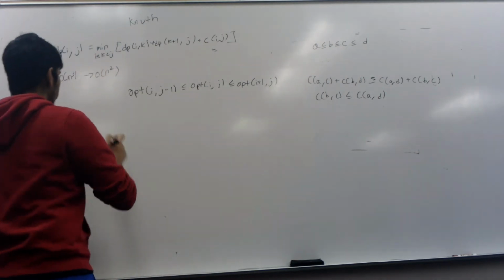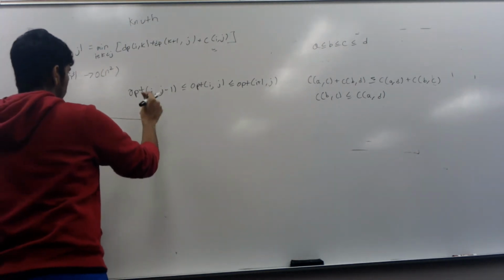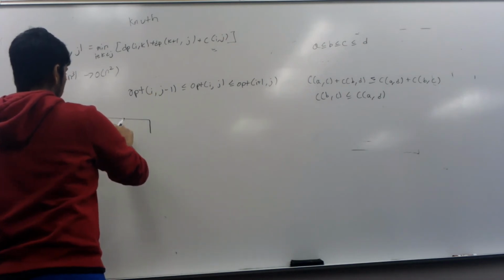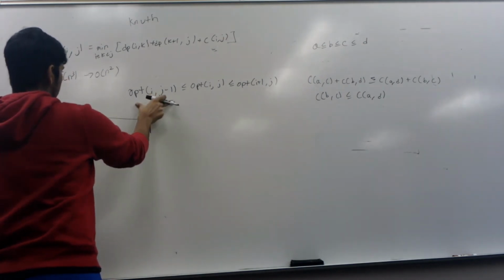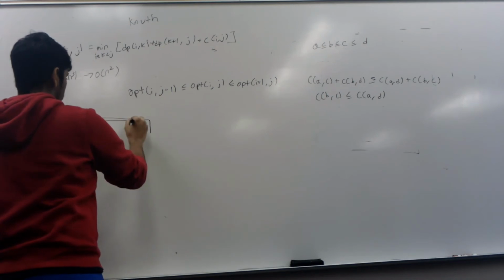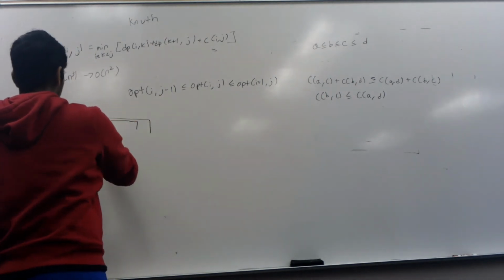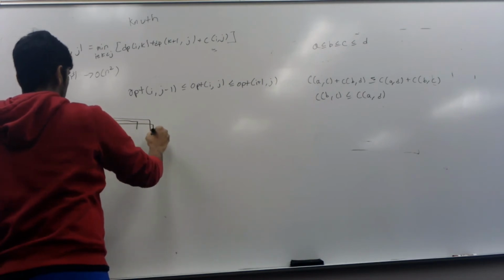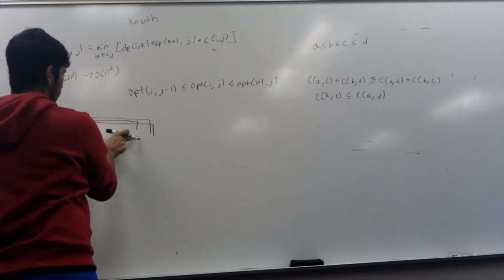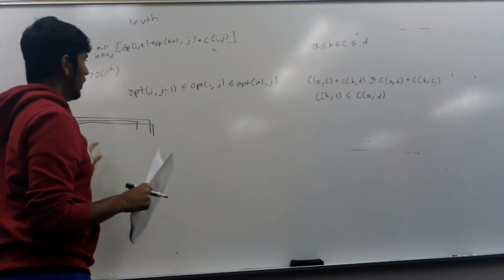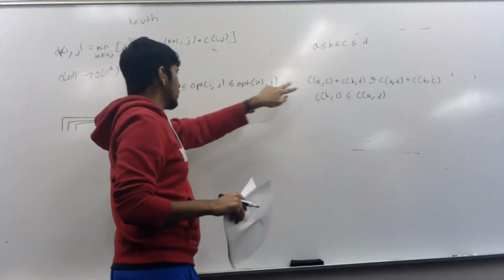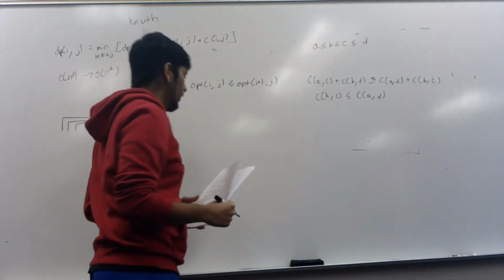If we have some range over here, and the guy we're checking is over here, it always falls between these two. And it turns out if these two conditions are satisfied, then this is also satisfied.